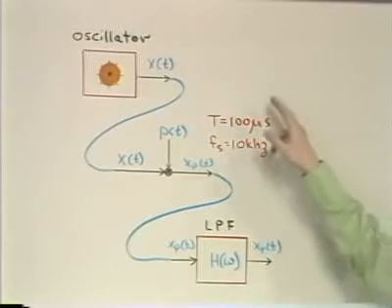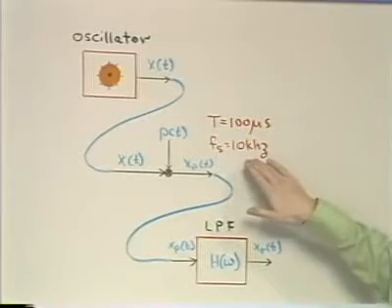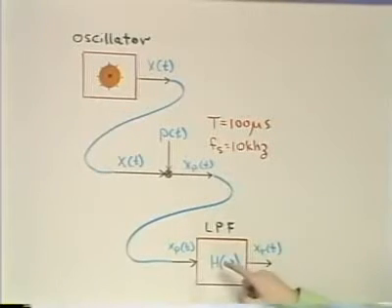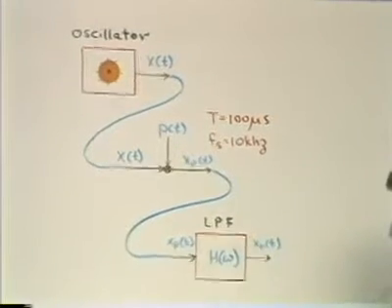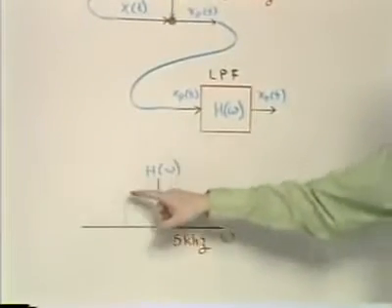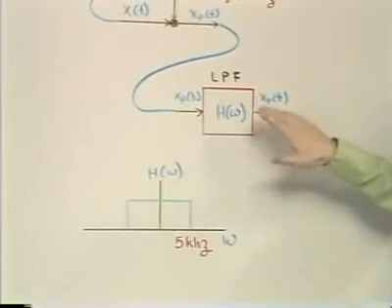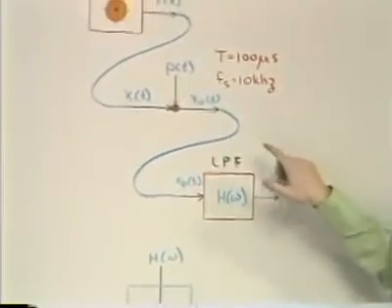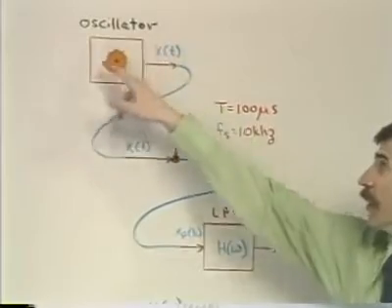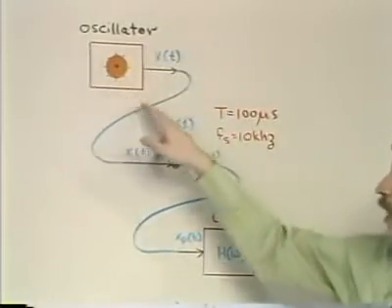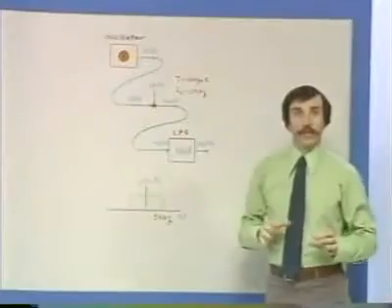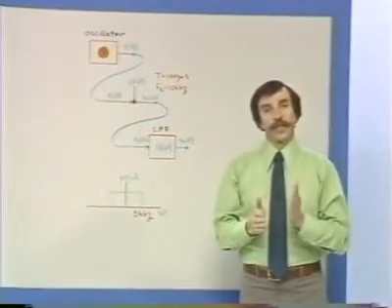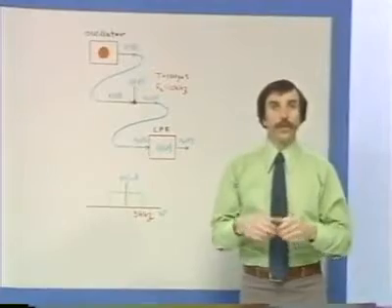The sampler frequency is 10 kilohertz, and so the low-pass filter has a cutoff frequency, as I indicate here, of 5 kilohertz. And what we'll listen to is the reconstructed output as the oscillator input frequency varies. And recall that what should happen is that when the oscillator input frequency gets past half the sampling frequency, we should hear aliasing.